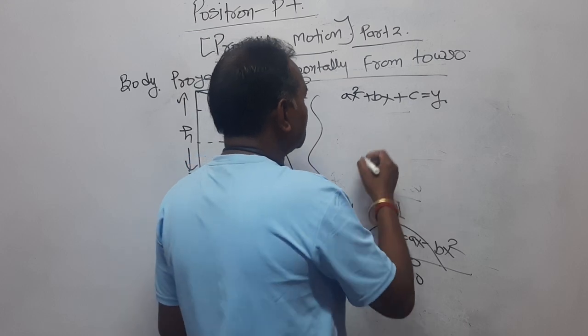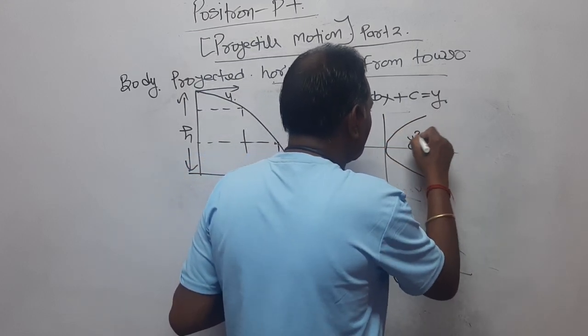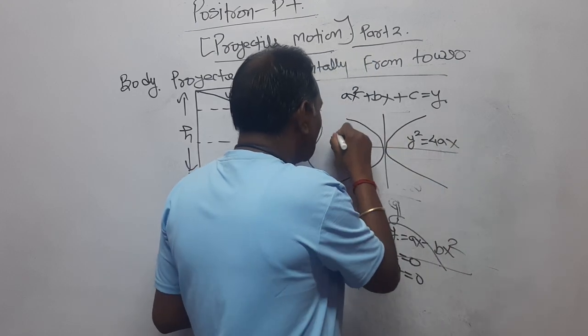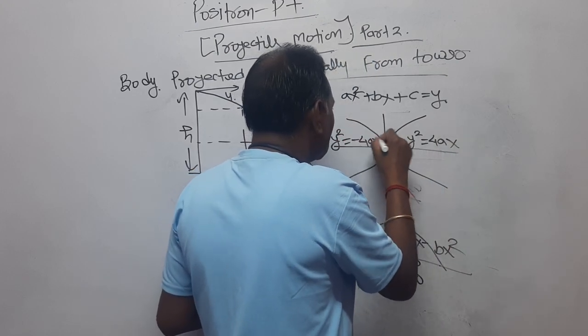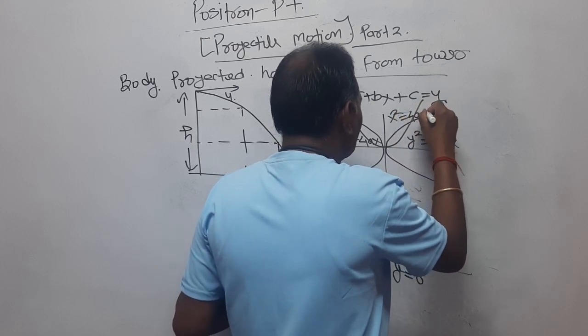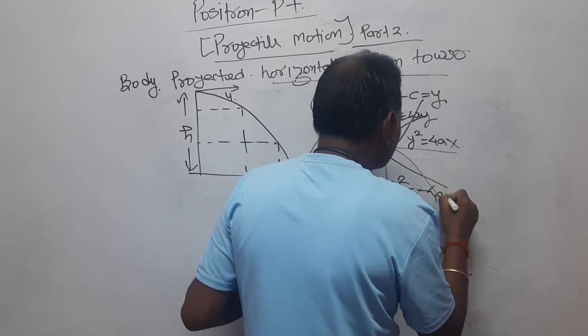And another equation is this one, representing y square equal to 4ax. This one represents y square equal to minus 4ax. This one represents x square equal to 4ay. And another one, x square equal to minus 4ay.